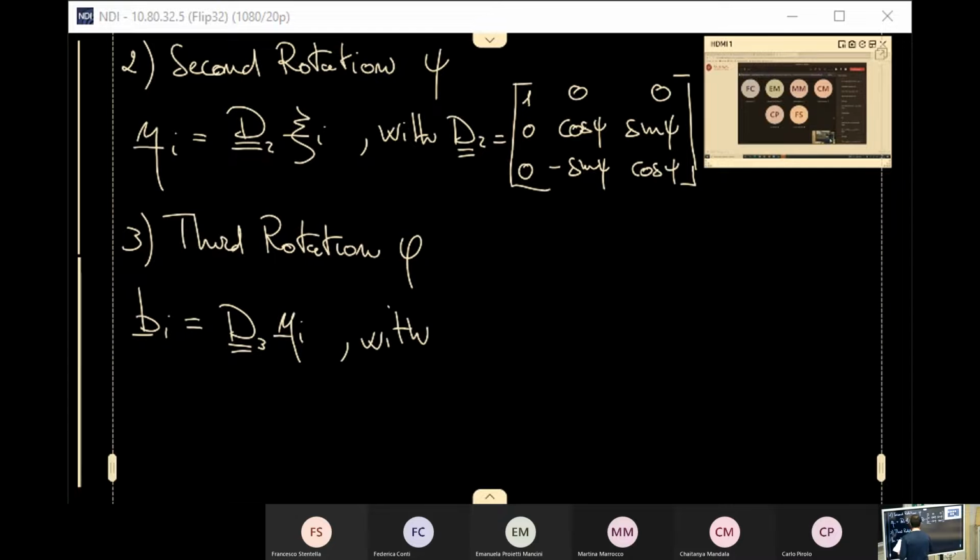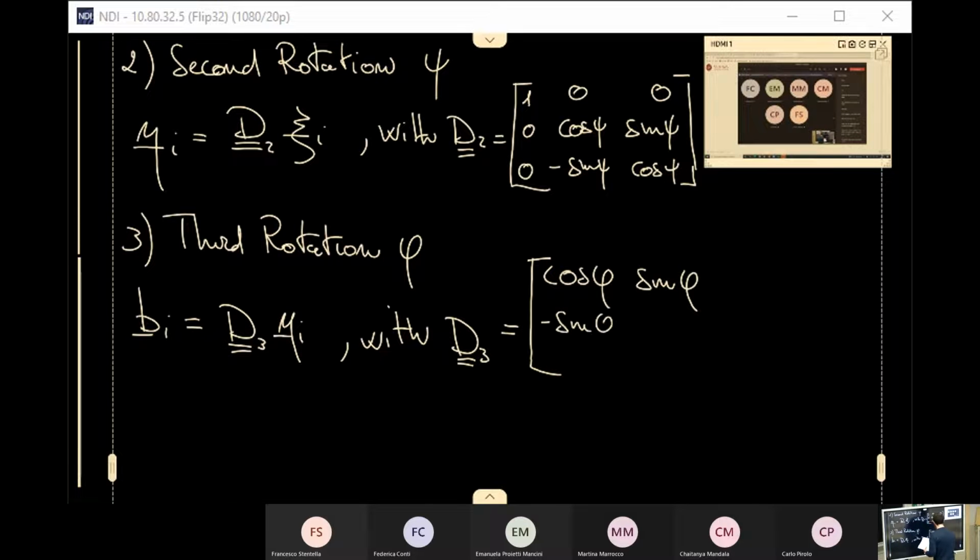This time, if you recall, since we are implementing a rotation sequence 3-1-3, again, the axis of rotation is the third axis of the triplet, that's to say eta 3. So we will have again something of this. Okay.